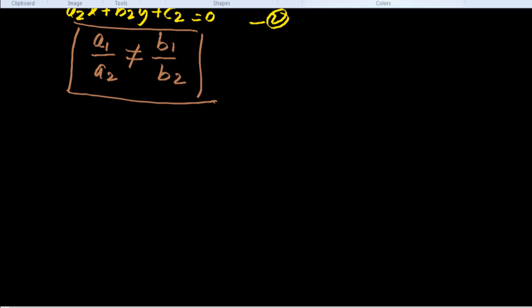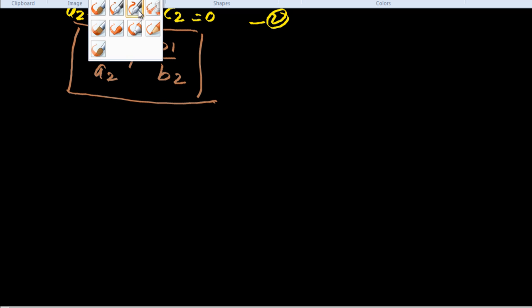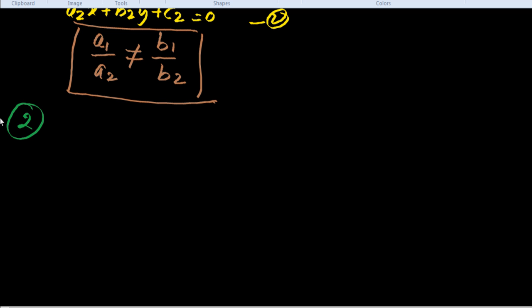Now we have another system, number 2. Number 2 is the parallel system. In the parallel system, I draw the line here first.